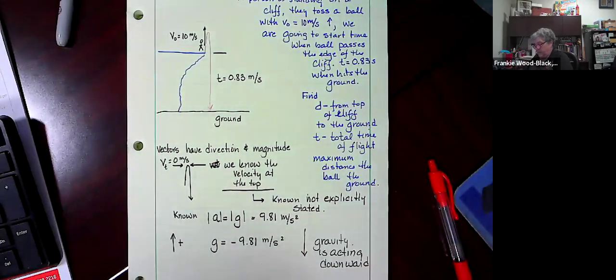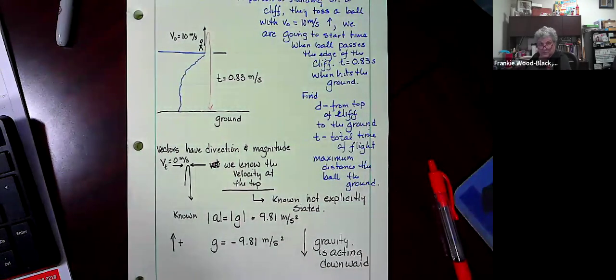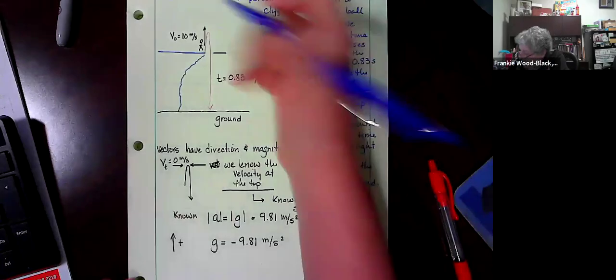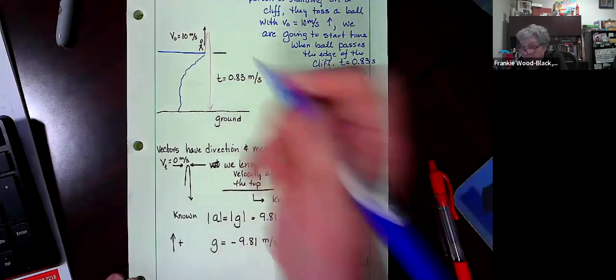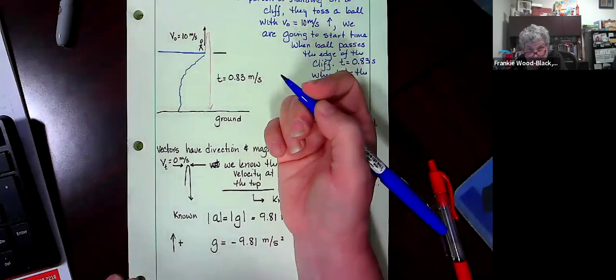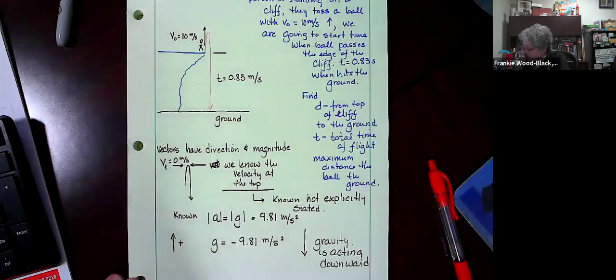Now, a couple of things that I'm going to show you as we deal with this: we can use symmetry. And so there's a place that we can check some things.